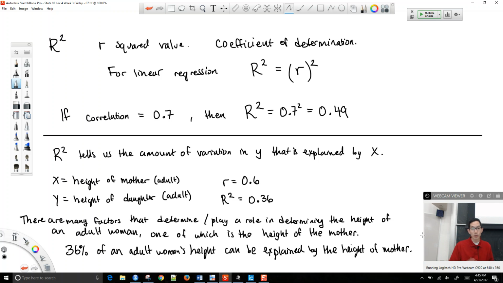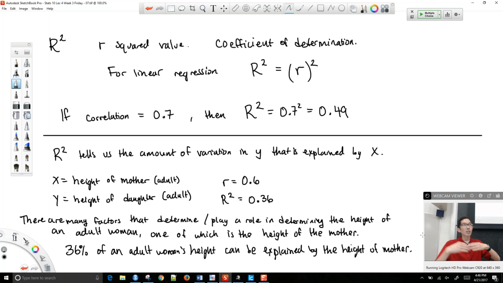We could flip it around and ask what determines the height of the mother, and the same thing would be true. If you switch x and y, correlation is still the same, and in our case r squared would be the same. We would say there are many factors that play a role in determining the height of an adult mother, and this part sounds funny, but one of which is the height of the daughter.